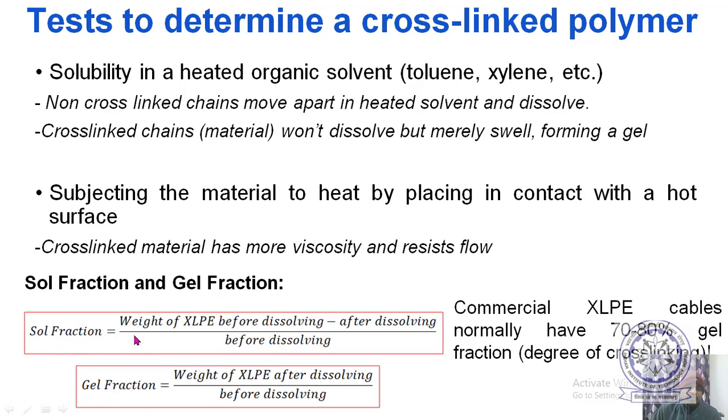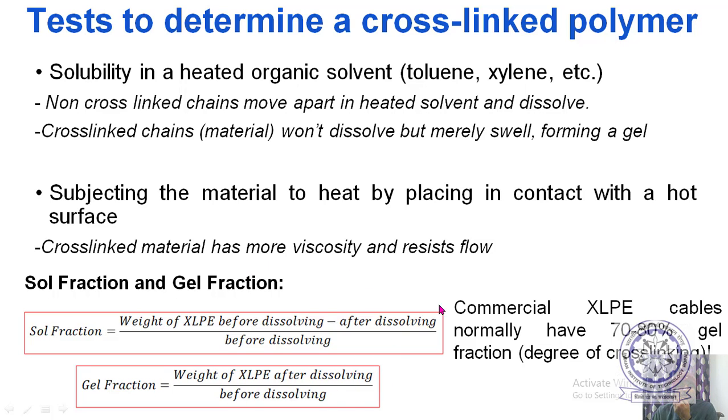Sol fraction is defined like this: weight of XLPE before dissolving in this organic solvent, minus after dissolving, divided by before dissolving. So, this is sol fraction. Gel fraction is weight of XLPE after dissolving divided by before dissolving.